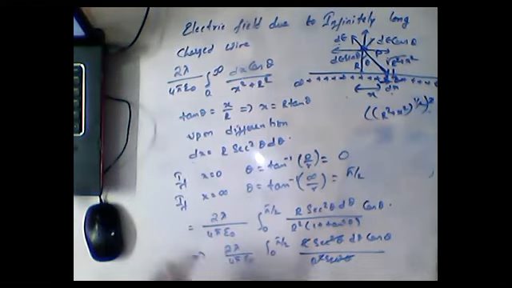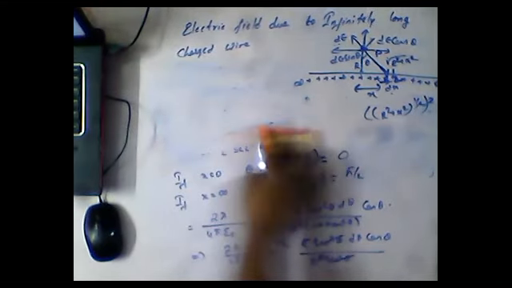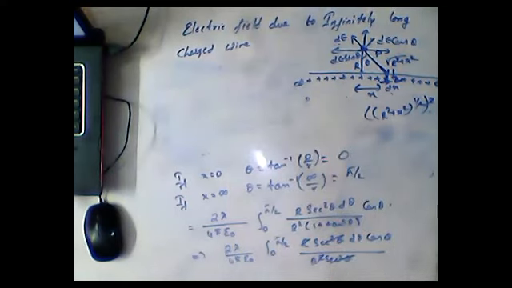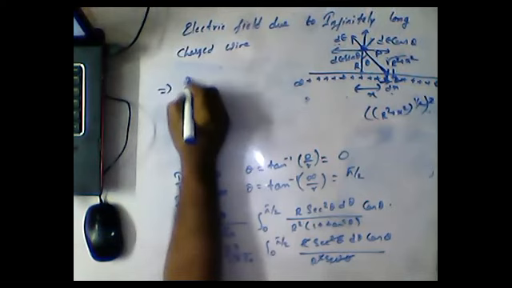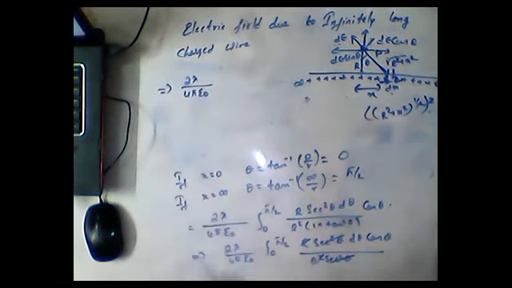Okay guys, now I'm arranging on the top. After removing this, we are getting 2 lambda by 4 pi epsilon, integration 0 to pi by 2.